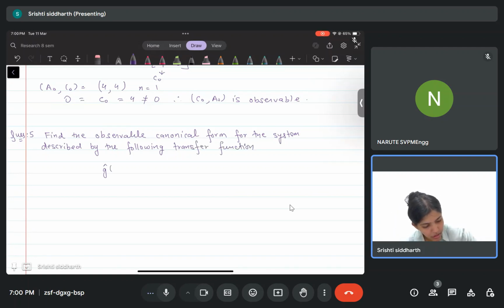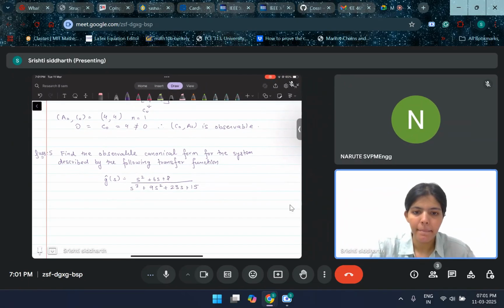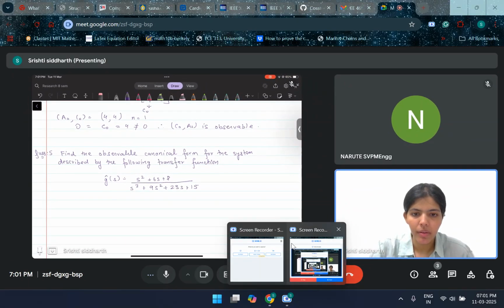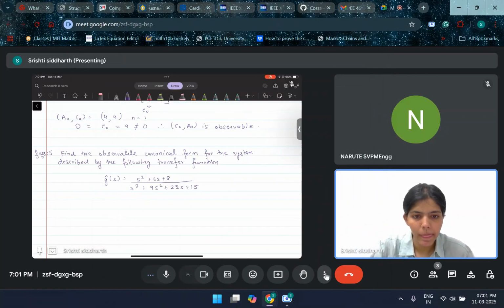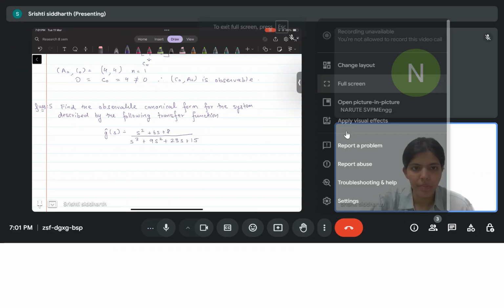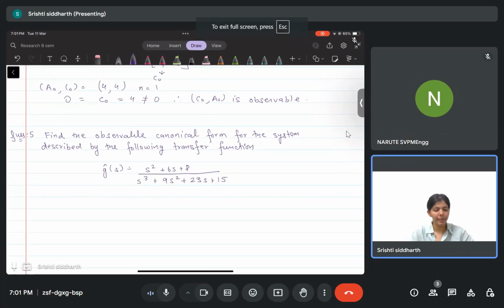G hat of s equals s squared plus 6s plus 8, over s cubed plus 9s squared plus 23s plus 15. Just a second. Alright.